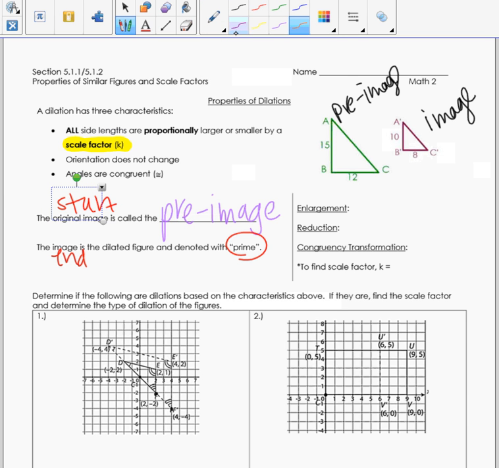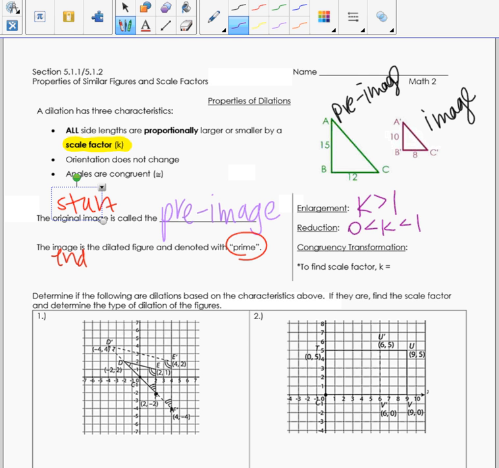The scale factor is a K value, kind of like how we call slope M. We call scale factor K. If K is greater than 1, then it's an enlargement, and your pre-image is going to get bigger when it goes to the image. If it's a reduction, your K value is between 0 and 1. Notice you don't have any negatives, because a negative would insinuate a reflection or a rotation, which you talked about last year.